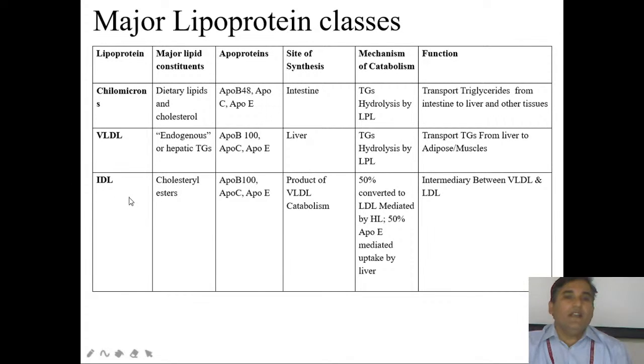And this is the IDL. These are the cholesterol esters. These are the lipoprotein products after the degradation of VLDL, and 50% is converted to LDL and 50% is taken up by the liver. It is the intermediate between VLDL and LDL.